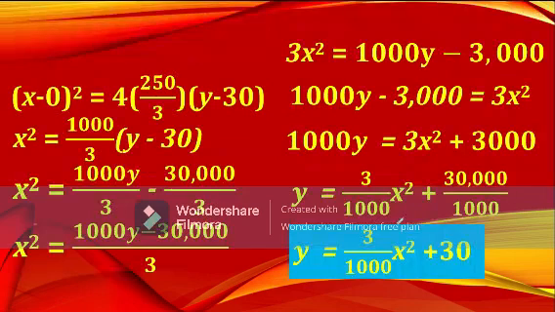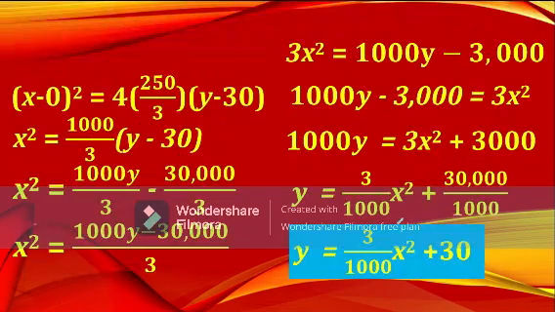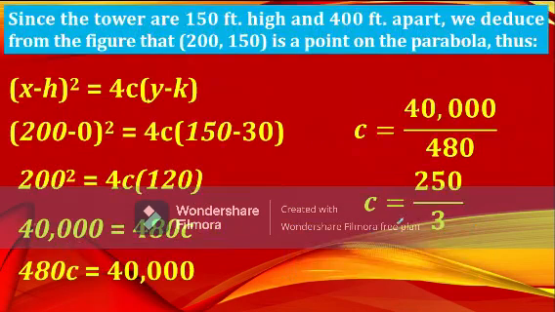Then the value of our c is 250 over 3. So we are going to leave it as that, since it's not a whole number. Then afterwards, since we come up with our value of c, we're going to go back to our standard form of an equation.